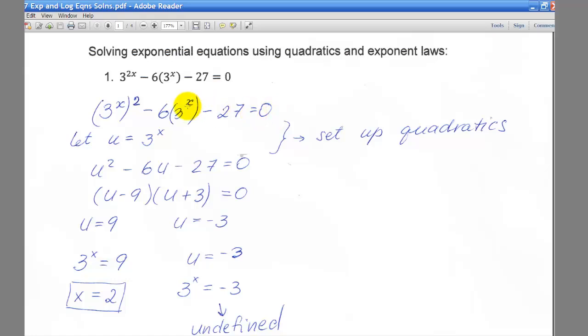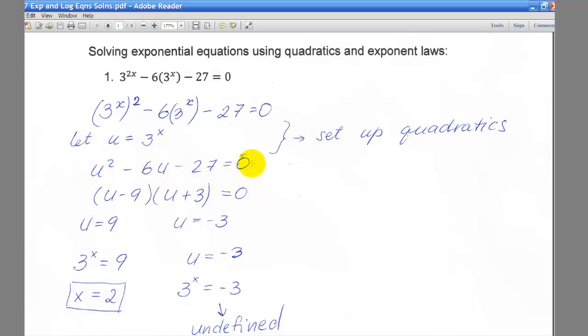So what we're going to do is substitute 3 to the power of x with u, or x, or any other letter that you like. So now we have u squared minus 6u minus 27 equals 0.